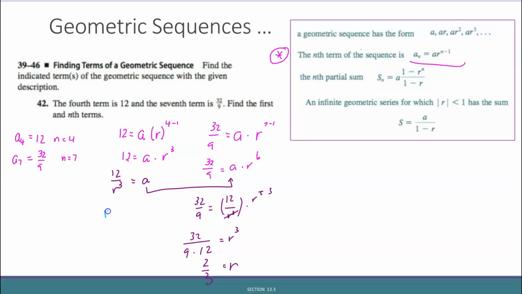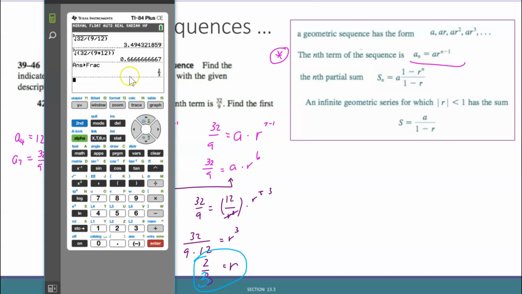So I have 12 over 2/3 cubed, and that's how I can find my first term, because now I can plug in my R. R happened to be 2/3. Let's go back to the calculator.